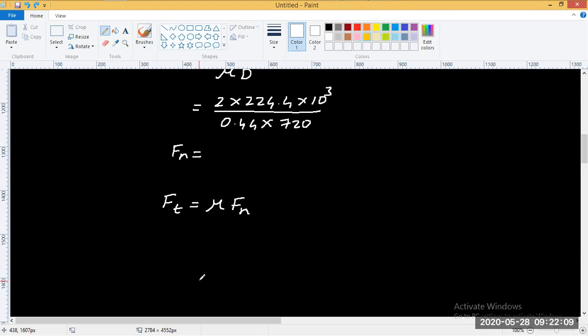So 2 into 224.4 into 10 power 3 over 0.44 times 720.